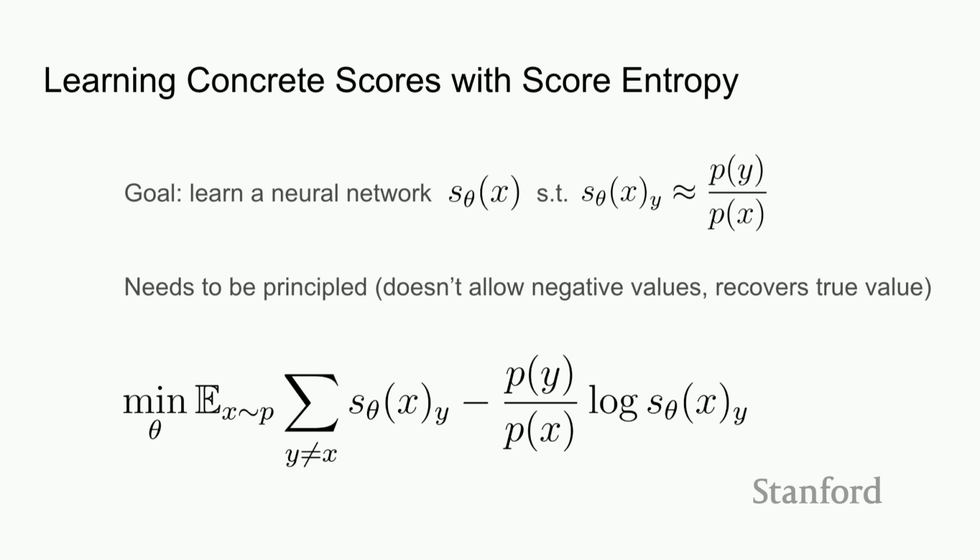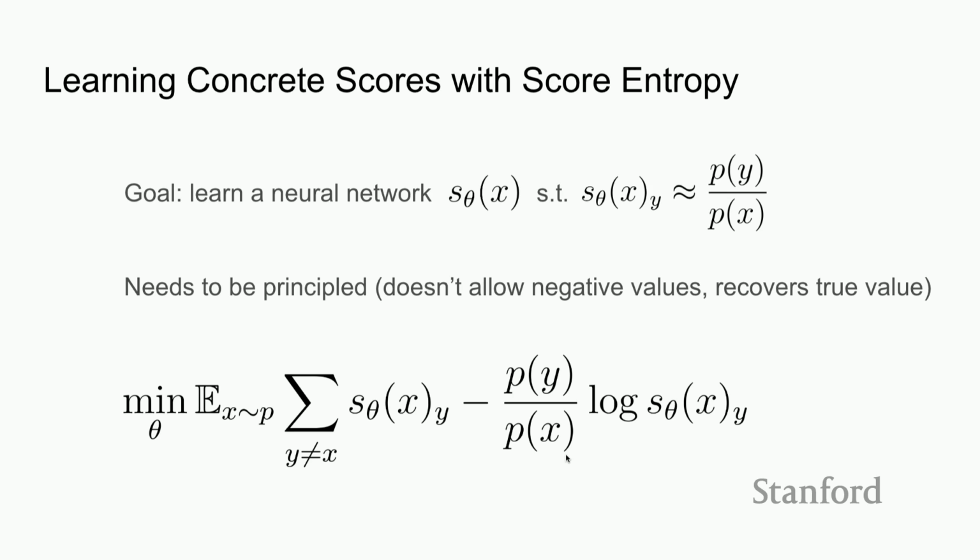The way that we do this is very similar to score matching, which is the following loss function. We're calling it score entropy because it's very related to stuff like cross entropy. The idea here is that it's a discrete generalization of score matching, in the sense that we take an integral over all x in our probability function p, and then we sum over all of our y that are neighbors, and then we minimize this new type of divergence function in the middle in order to optimize it.